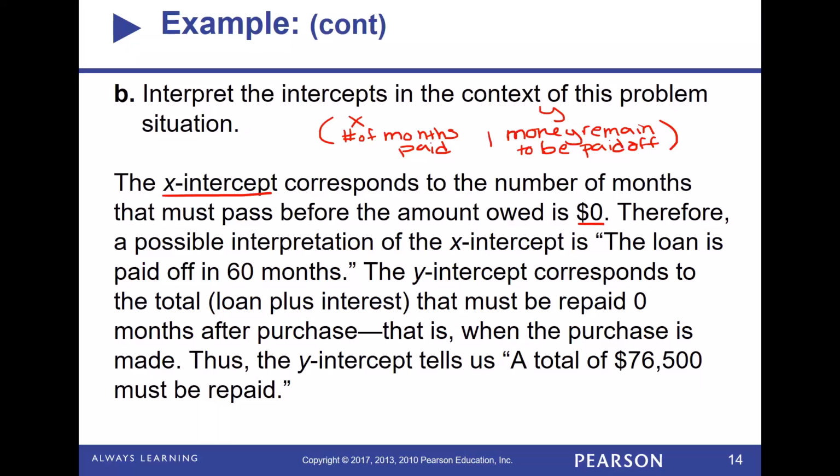Now the y-intercept goes in the other direction. The y-intercept is the total of the loan that must be repaid after 0 months, meaning right after the purchase, how much do I still owe? So the y-intercept tells us that the total of 76,500 must be repaid in the context of this problem itself.